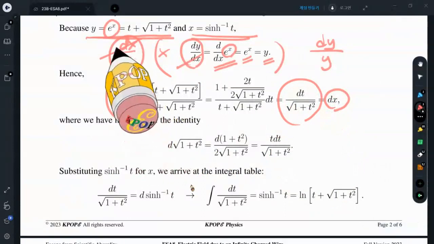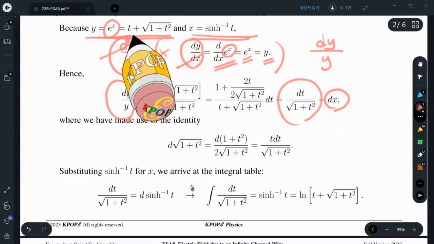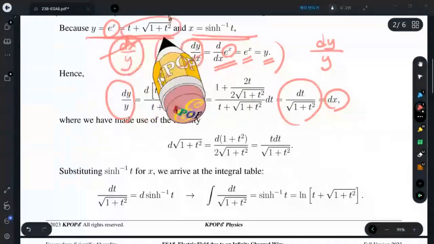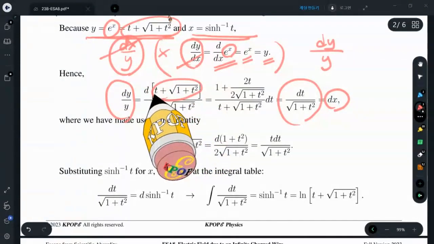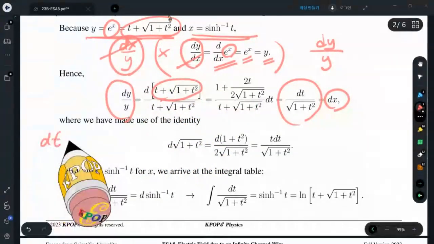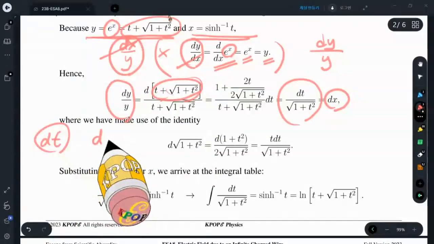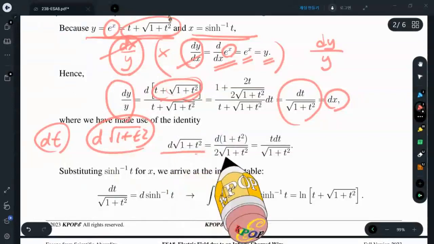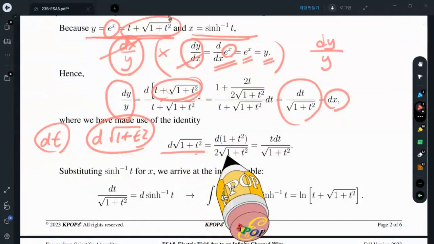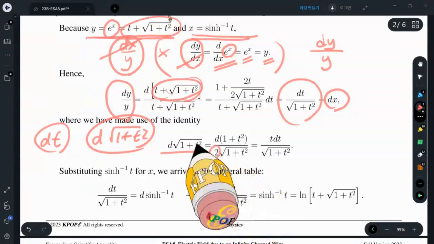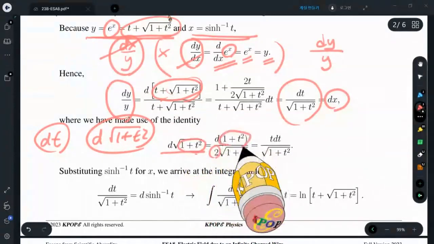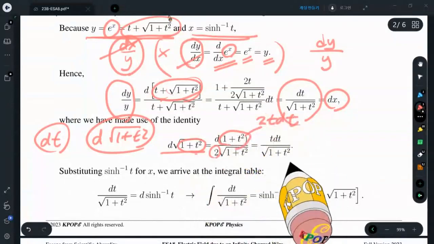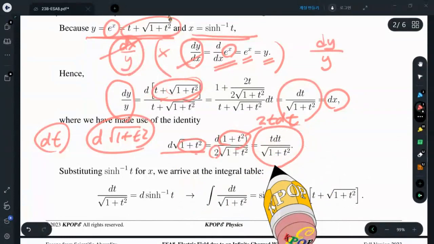Okay, this one I can simplify into this form, because y is t plus the square root of 1 plus t squared. This substitution. The derivative dt of the square root of 1 plus t squared can be expressed using the chain rule: 2 square root, and take the derivative of the argument. So it becomes 2t dt, and the 2 cancels, so we end up with this expression.